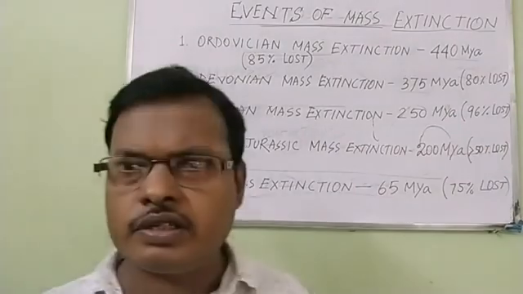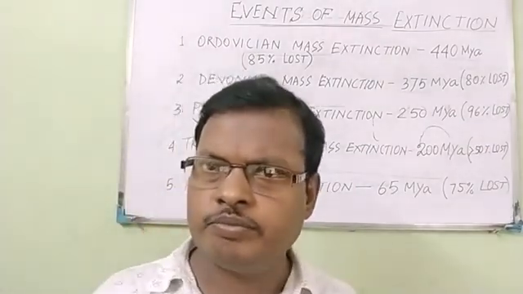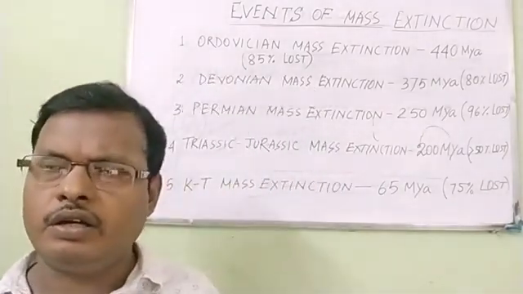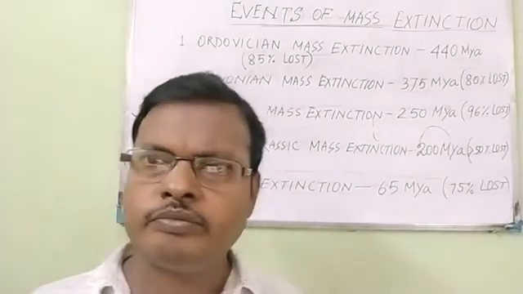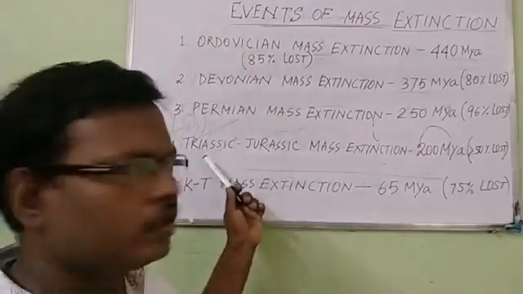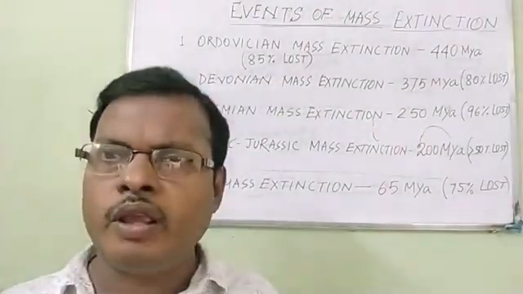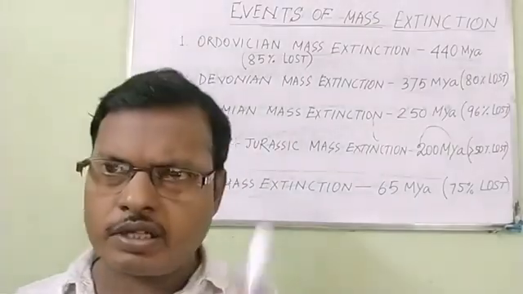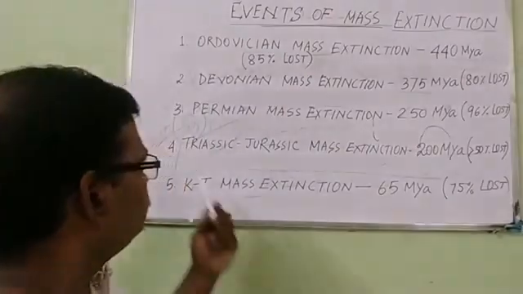Then the Triassic-Jurassic extinction. This is one of the important events in organic evolution. The Mesozoic era is divided into three periods: Triassic, Jurassic and Cretaceous.